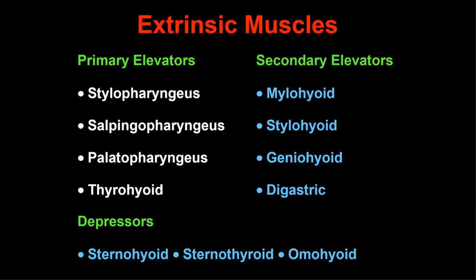Primary elevators are stylopharyngeus, salpingopharyngeus, palatopharyngeus, and thyrohyoid. Secondary elevators are mylohyoid, stylohyoid, geniohyoid, and digastric. Depressors are sternohyoid, sternothyroid, and omohyoid. The muscles below the larynx are the depressors, and those above the level of the larynx are the elevators.